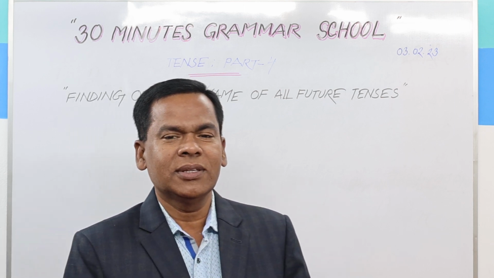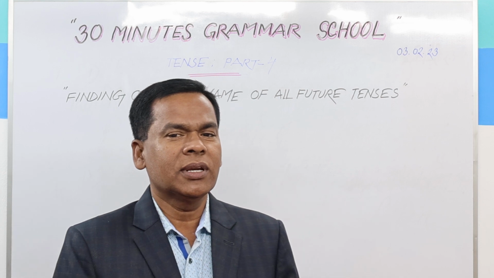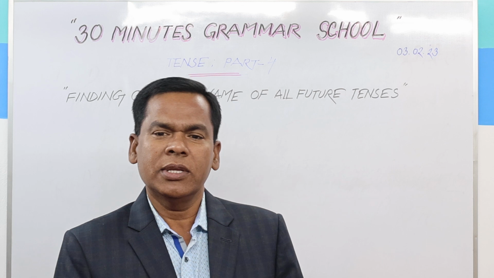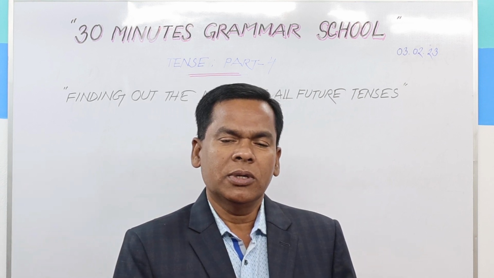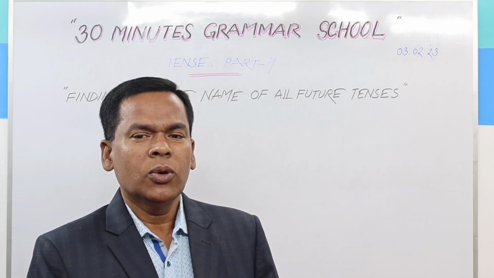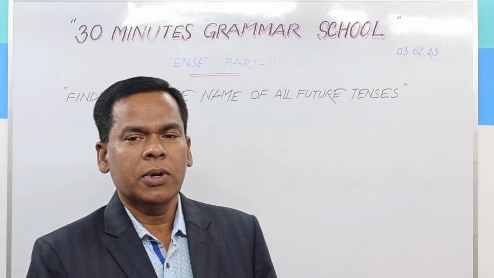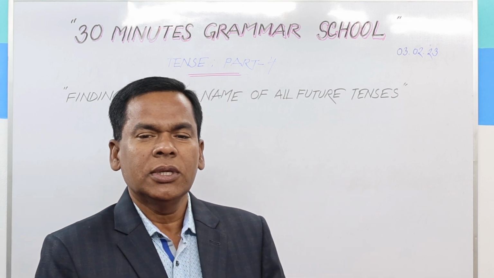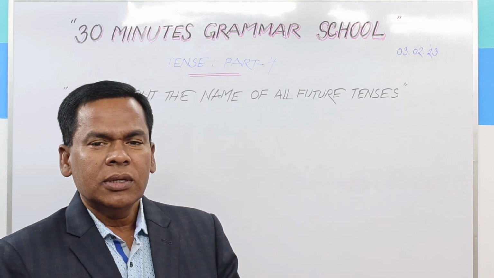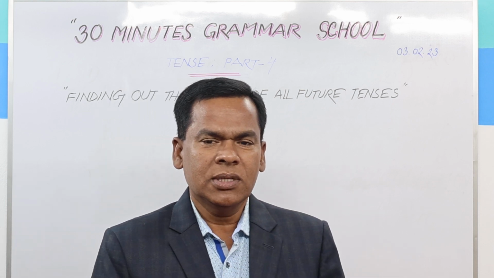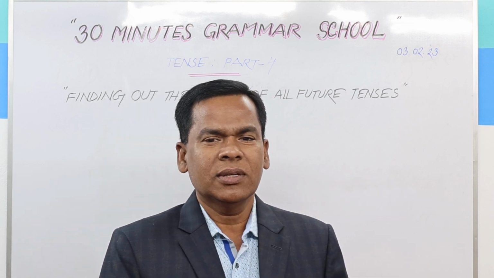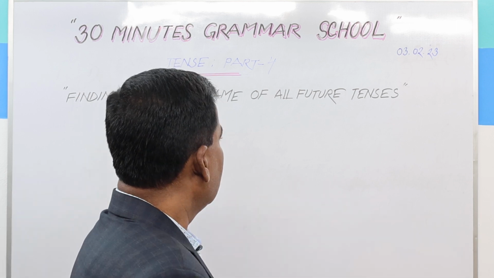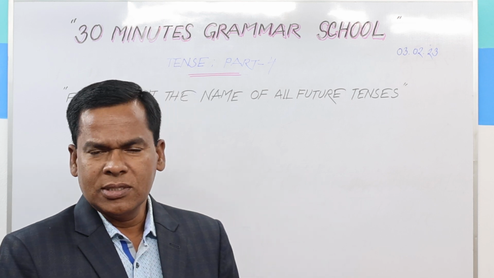Dear learners, we have already completed 3 classes on the basis of tense: tense part 1, tense part 2, tense part 3. Today we are going to take part 4 of tense. In our previous third part class, we discussed finding out the names of all the tenses.